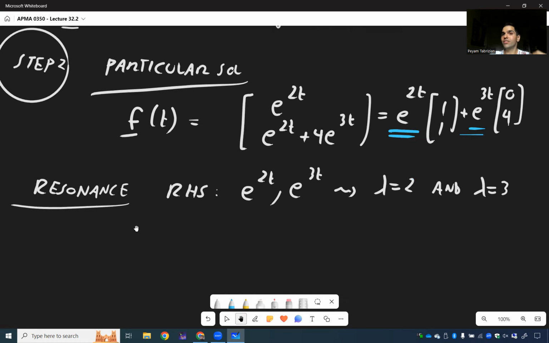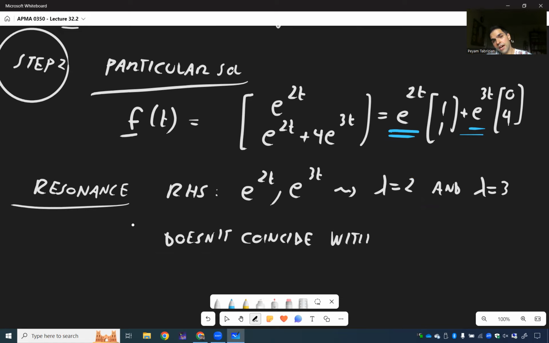Otherwise, you would have to do resonance on whichever term coincides. So it doesn't coincide with lambda equals plus or minus 1, so no resonance.